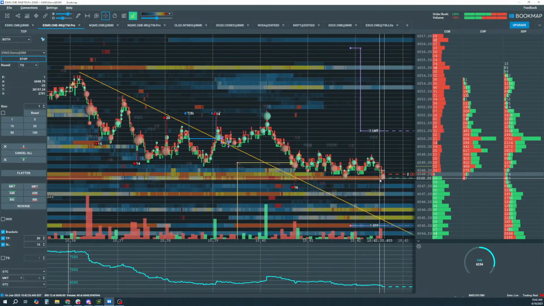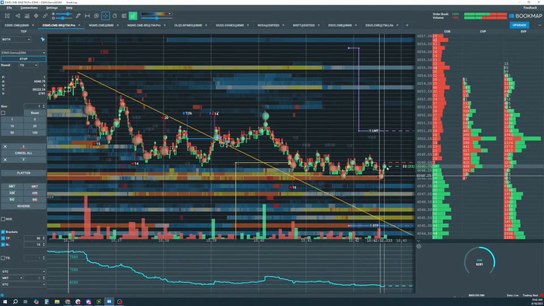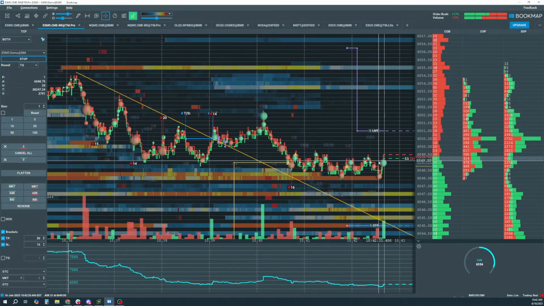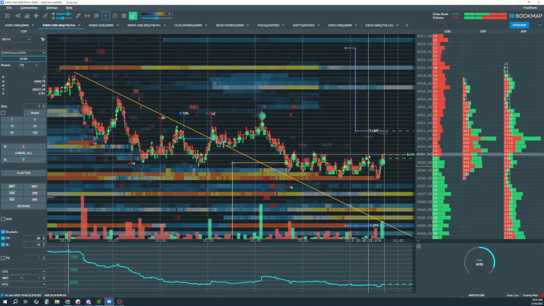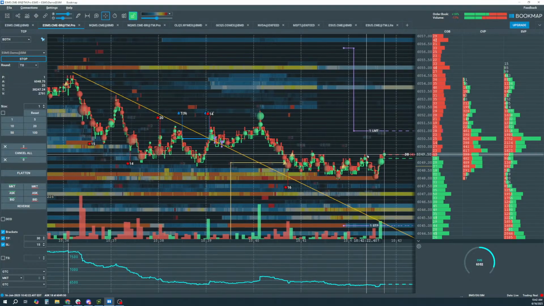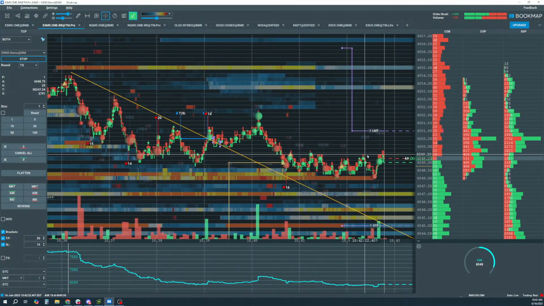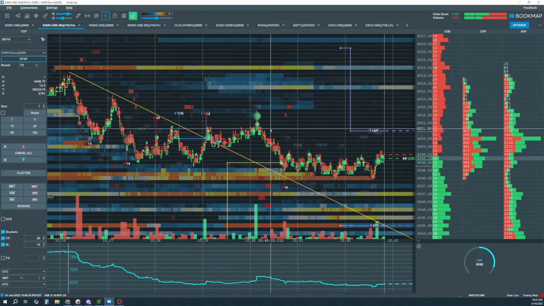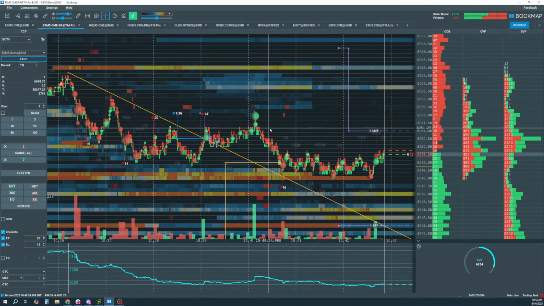Okay, well, found some more sellers here. Right, now let's see if we get some buyers. There they go. We'll see if there's enough in here. So it's at the top of the range in here. Okay, is there enough though to try the top of this range here?